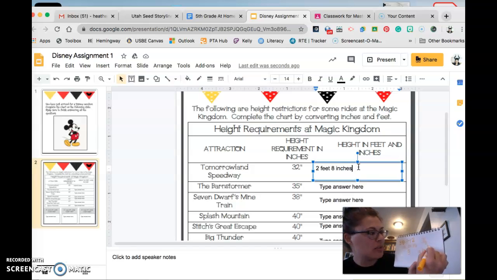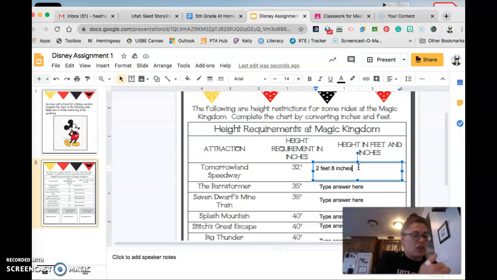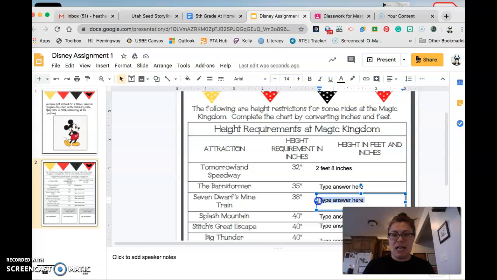Minus is 2, so that becomes a remainder of 2. So the main number is your feet. The leftover, your remainder, are your inches. So we're going to come to the next problem. I'm going to highlight it and write 3 feet 2 inches. Okay, that's all you do.